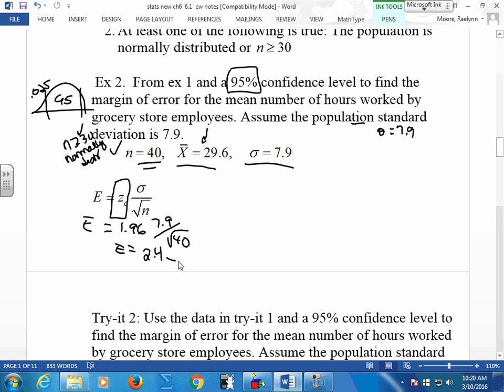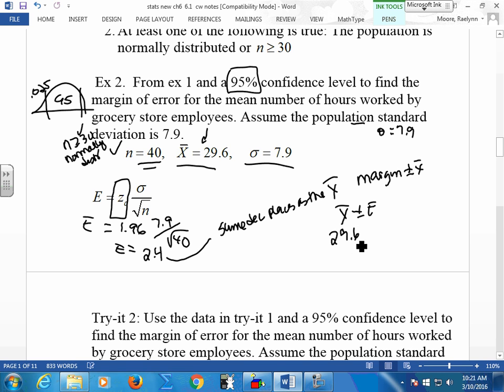What you want to do is keep your margin of error the same decimal value, the same decimal places as the mean. And this is why. Because when we build your interval, your mean plus or minus your margin of error, we want them to be the same. So we're going to say x bar plus or minus E: 29.6 plus or minus 2.4.